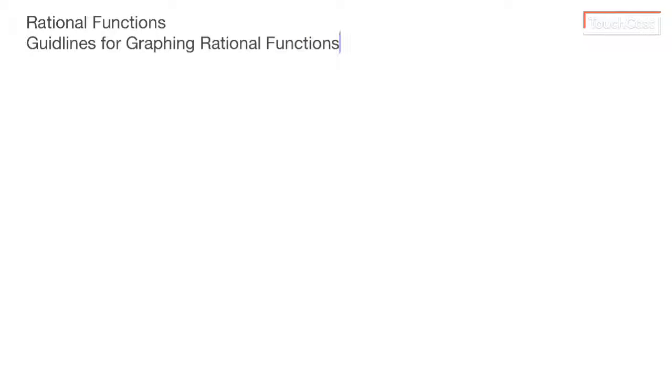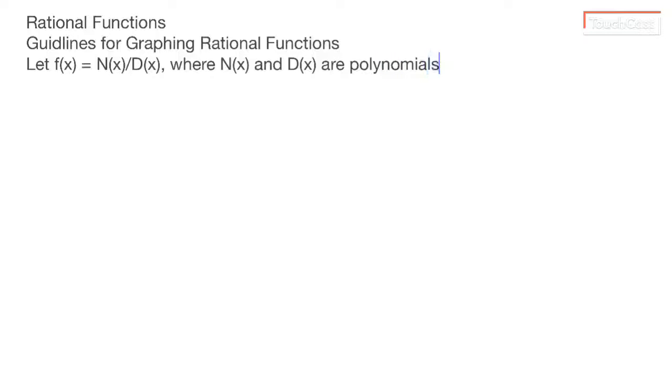Now, these guidelines are as follows. We're going to first have to start this by saying let f of x equal n of x over d of x, where n of x and d of x are polynomials, and d of x is not the zero polynomial, meaning d of x can't equal 0.